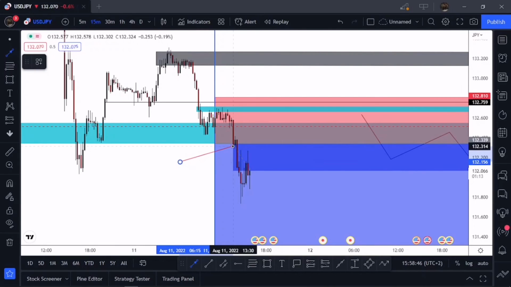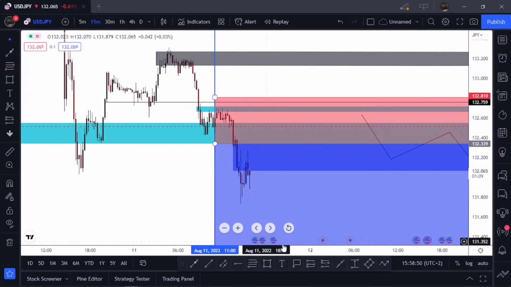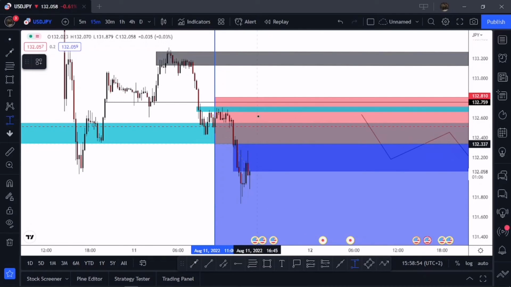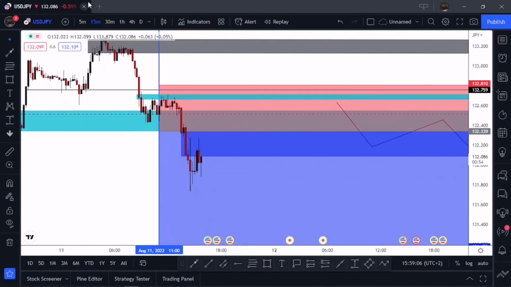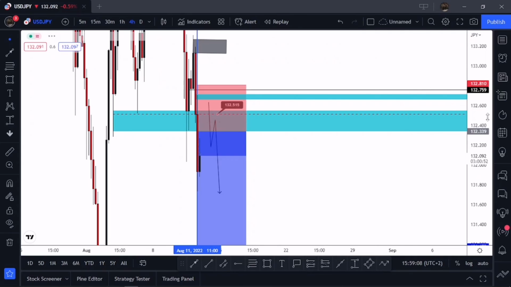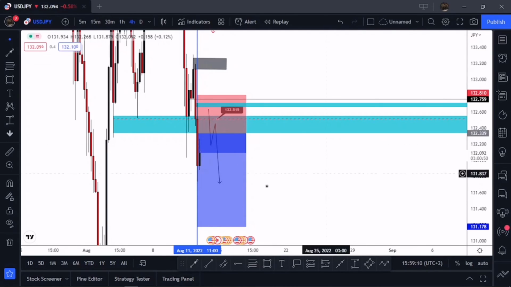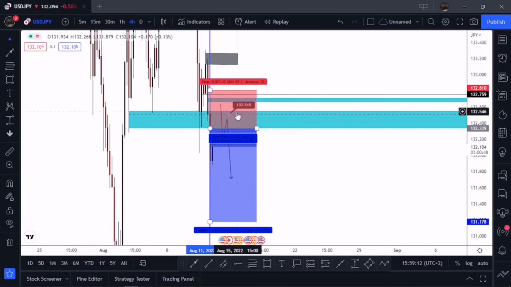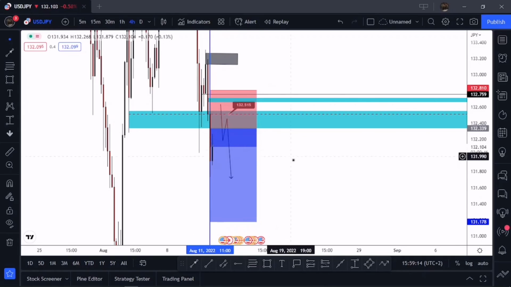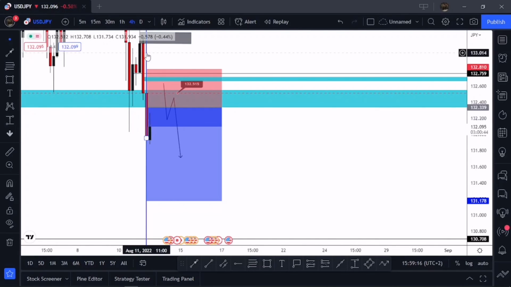That's when we entered right after it. Stop loss just also above the level that was holding, right? So that is the trade, and what I was explaining about these wicks that keep forming.